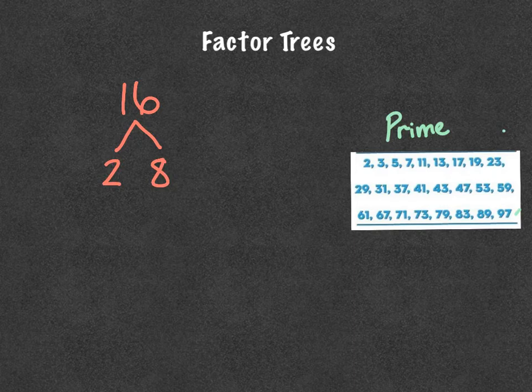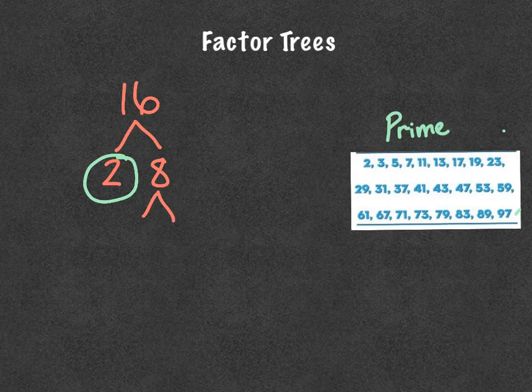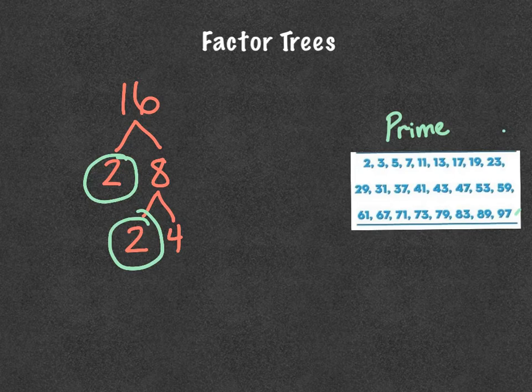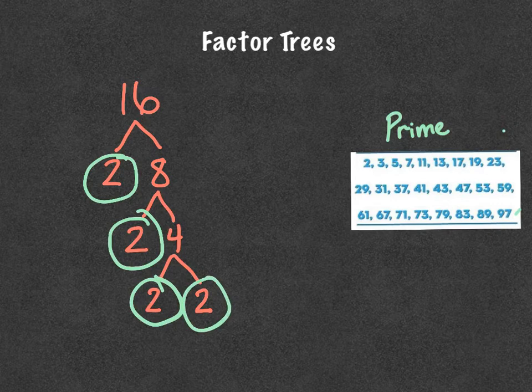We know that 2 is a prime number, right? 8 is not. So 8, I could do 2 times 4. I know that 2 is a prime number, but 4 is not. So we're going to split 4 out again into 2 and 2. 2 times 2 is 4. So you can see how that is our factor tree.